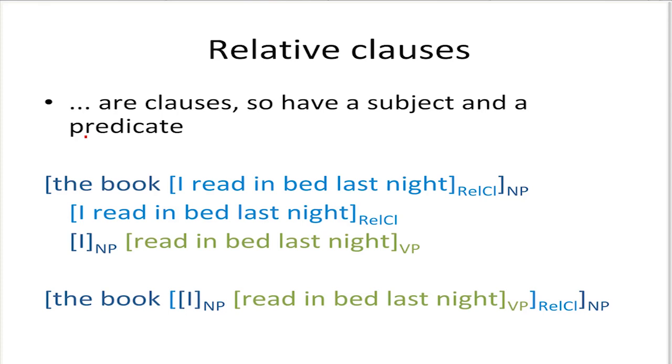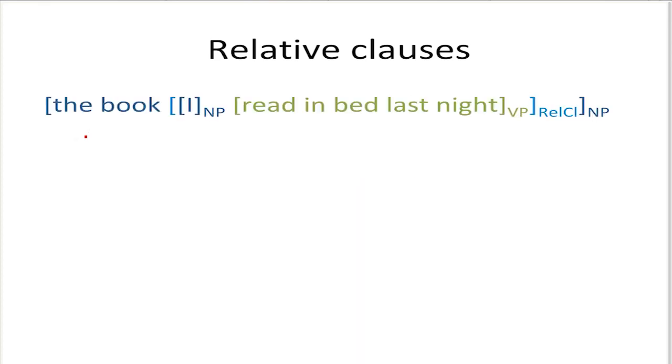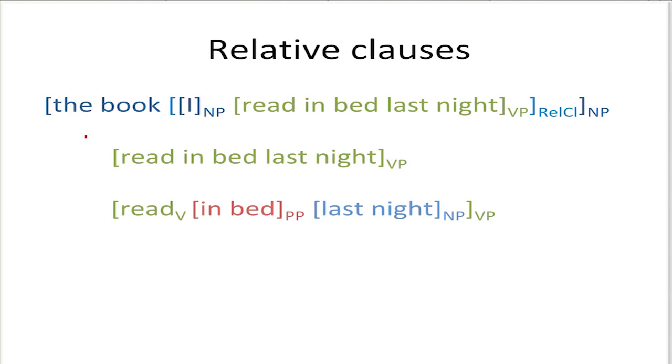In fact, we could break it down even more, because the verb phrase in the relative clause, read in bed last night, of course has an internal structure too, with a head and modifiers. Read is the main verb, so it's the head.